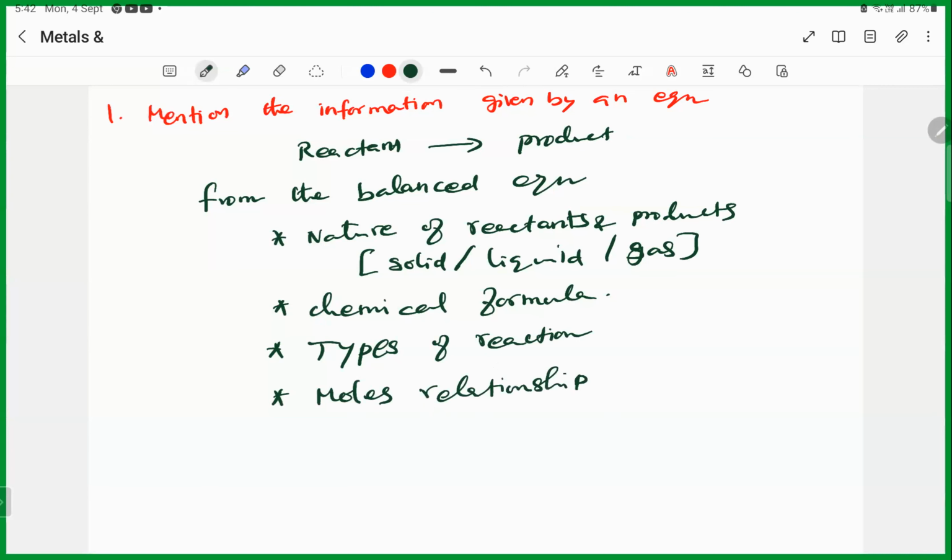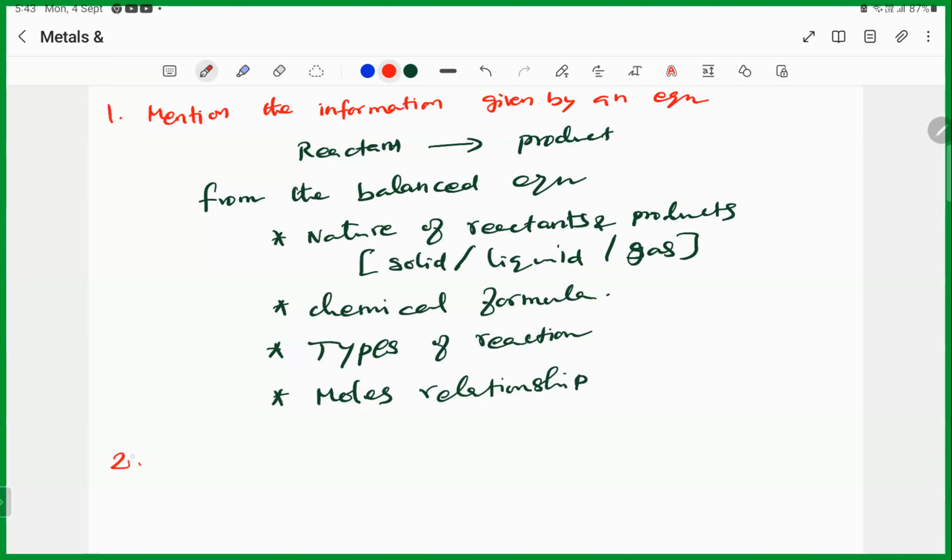So these are the information we can get from the balanced equation. Then what else we can say? Precipitate, gas, we can say all of these. Okay, so these are the things you can write.